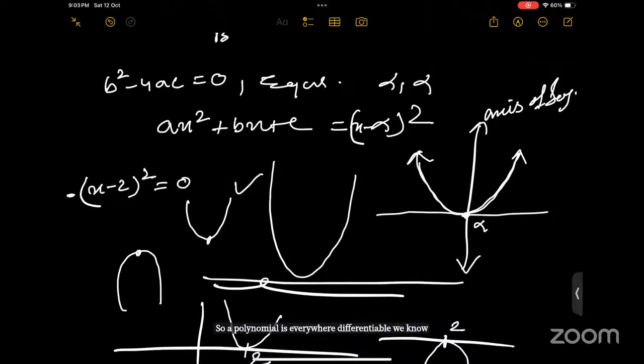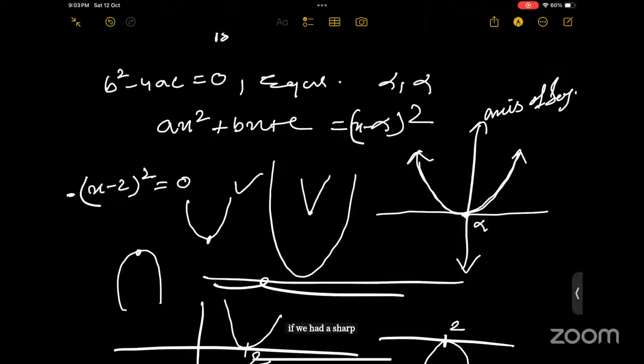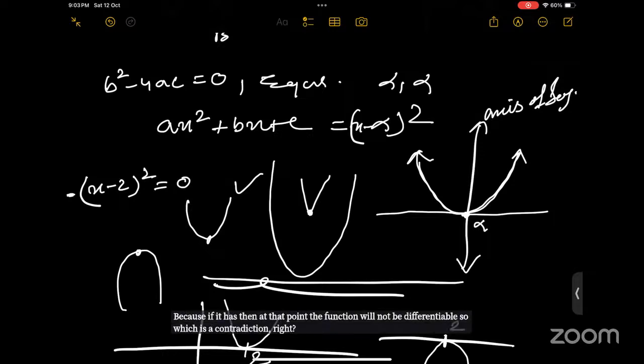If we had a sharp corner like that, then it would not be differentiable at that point. This is the main reason, because it's a polynomial. It cannot have any sharp edges, because if it had, then at that point the function would not be differentiable, which is a contradiction, right? Okay.